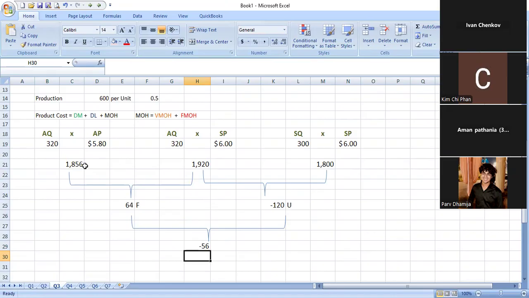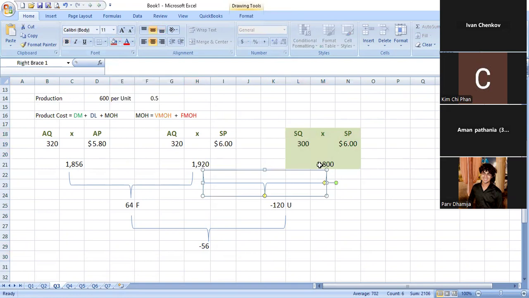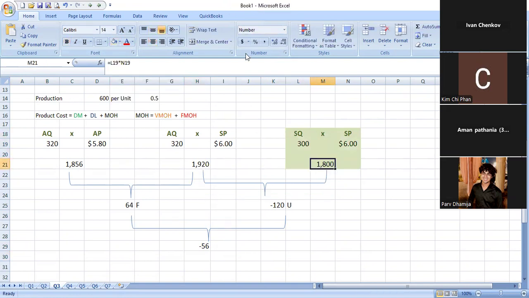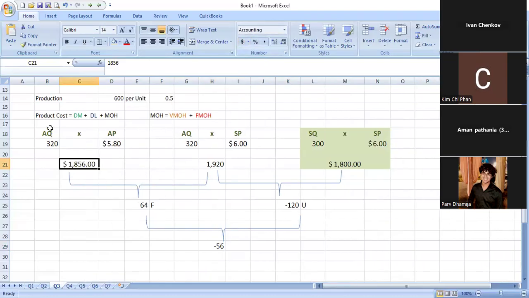Based on my standards, we're supposed to spend $1,800. In reality, we're spending $1,856.